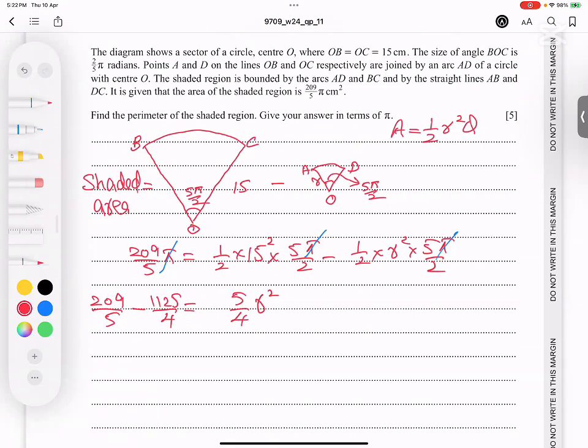Wait a minute. Yes, the negative sign is still there. If I subtract them, I get negative 4789 over 20. The negative cancels from both sides. And this 4 will multiply, 5 will divide. So multiplying by 4 and dividing by 5, I get it here.